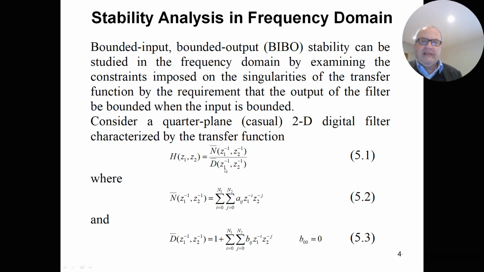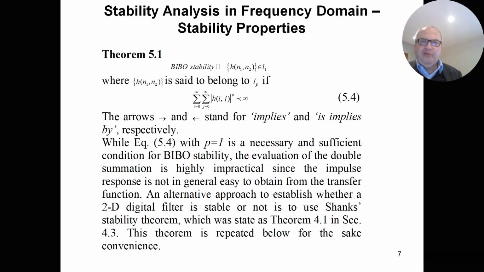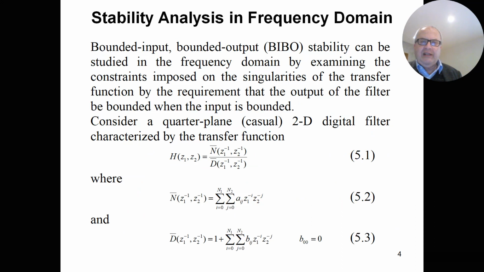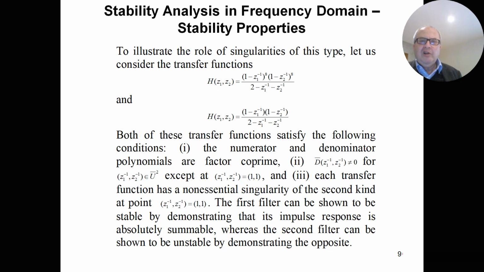That means you don't have points z1, z2 in the unit bidisk such that this polynomial is 0. And you don't have non-essential singularities of the second kind between numerator and denominator. That means you don't have common factors between these polynomials, n and d. This is the so-called theorem of Shanks.